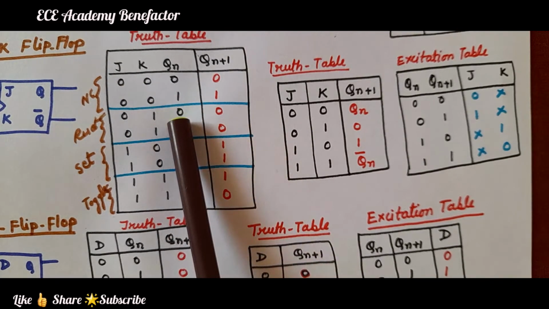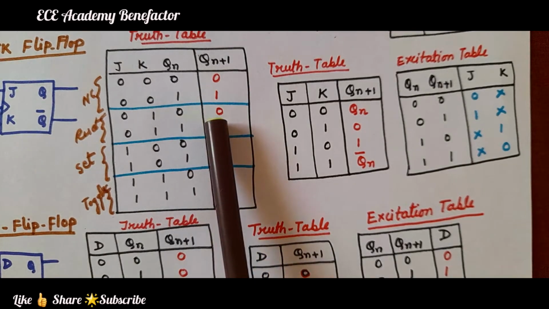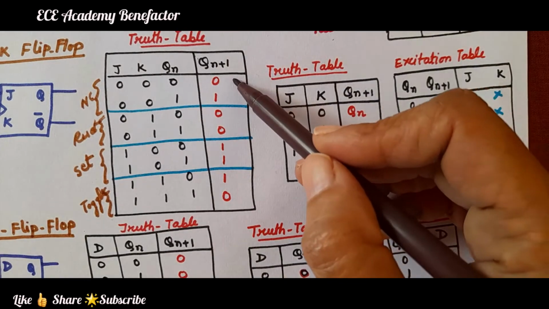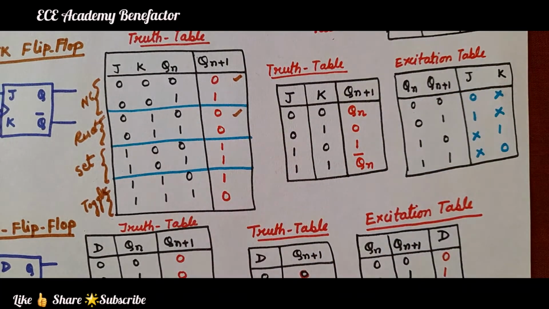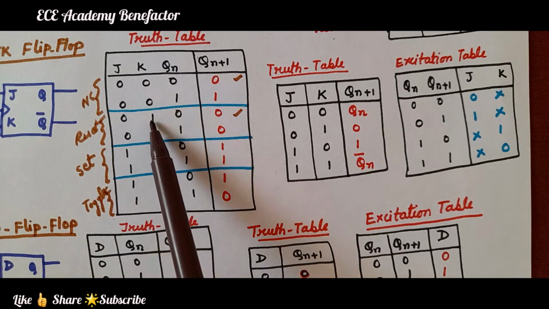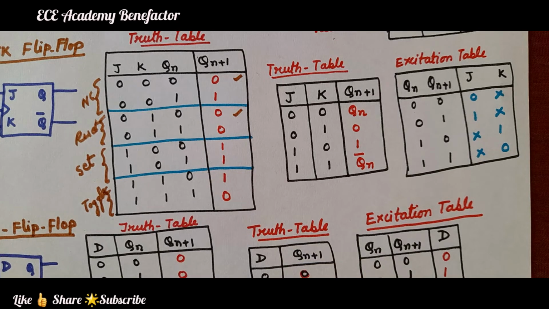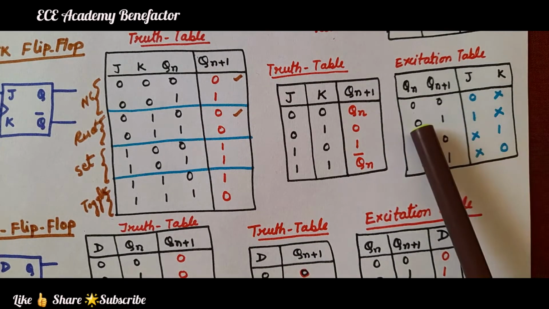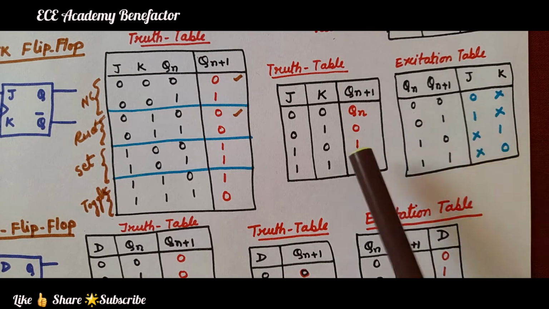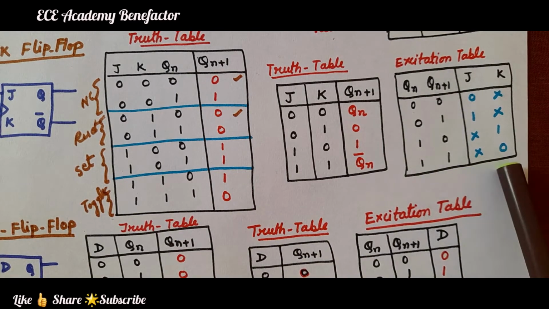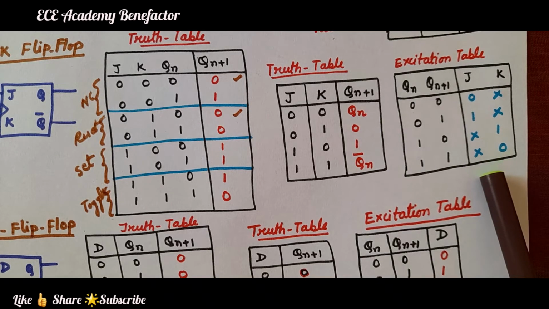When Qn is 0, Qn plus 1 is 0. At these two stages, if you see, J is 0 and K is changing, so you make K an X sign. So for 0 0, it is 0x. For 0 1, it will come as 1x. If you see in this truth table, it will come as 1x, 1 0 gives x1, 1 1 gives x0. Okay, this is the excitation table.